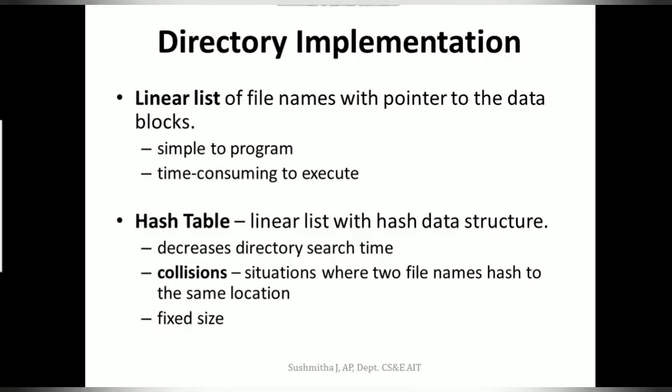Linear list consists of a list of file names that has a pointer to the data block. Now, how does the creation of a new file happen in the case of the linear list directory implementation? It is going to first search the directory to make sure that no file exists with the same name.